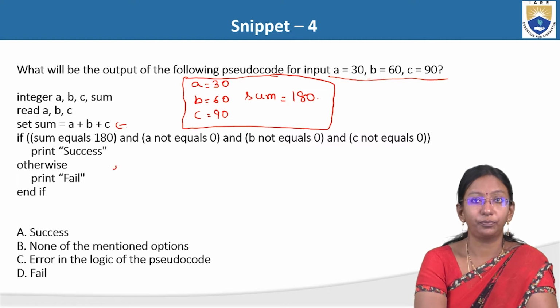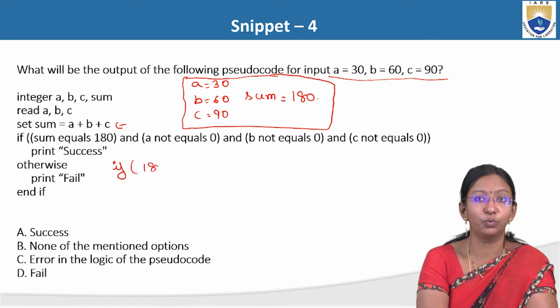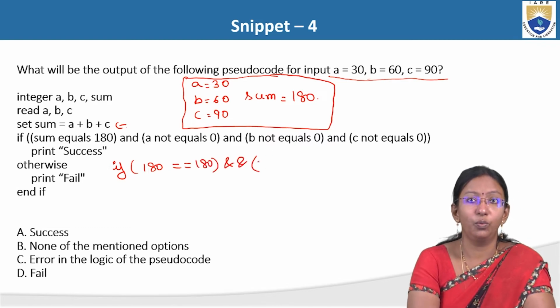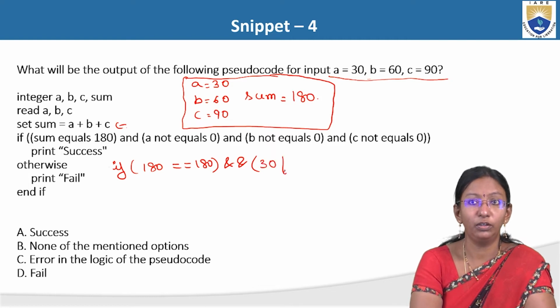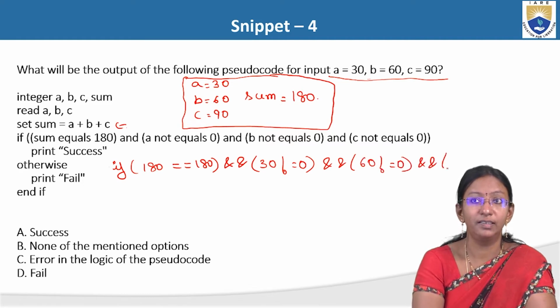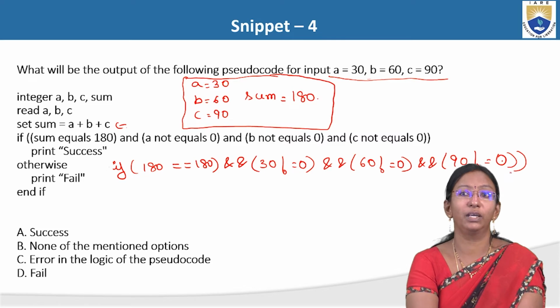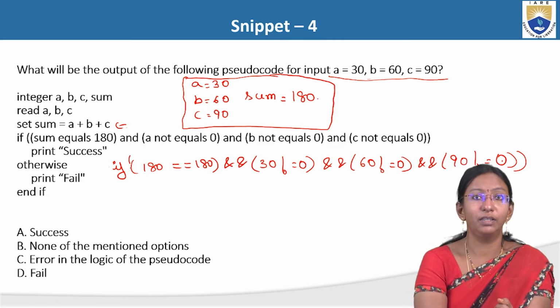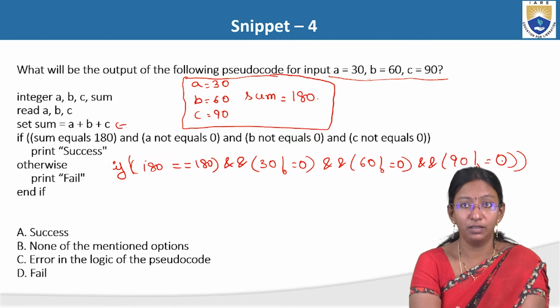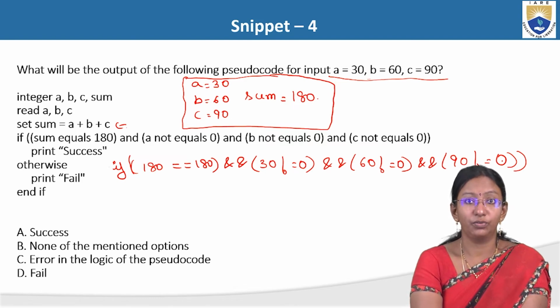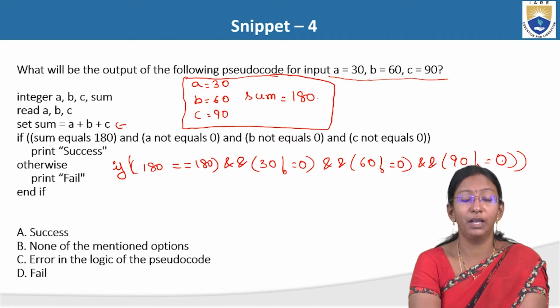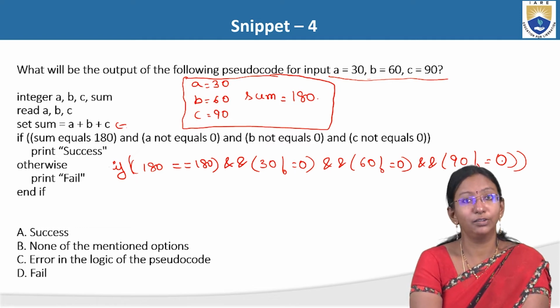They are asking: if sum, which is 180, is equal to 180, and A, which is 30, not equal to 0, and B, which is 60, not equal to 0, and C, which is 90, not equal to 0. This is the condition they are talking about, right? Let's see whether these 4 conditions, concatenated with logical AND, turn out to succeed or fail.